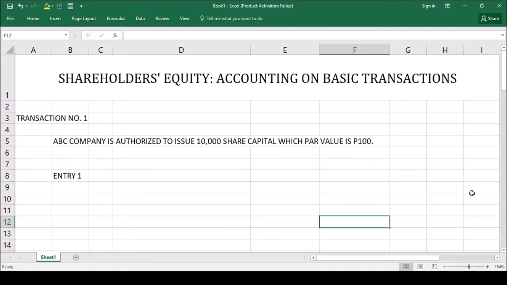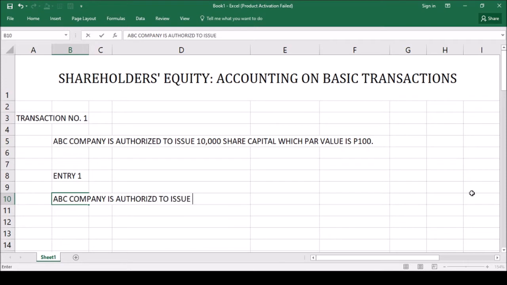to issue shares. So our entry number one in this case will be a simple memorandum entry stating that ABC company is authorized to issue 10,000 shares at a par value of 100.